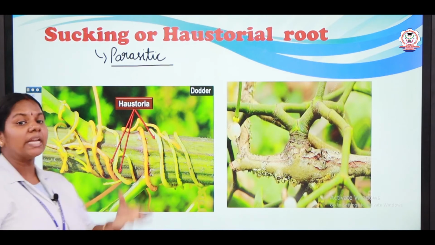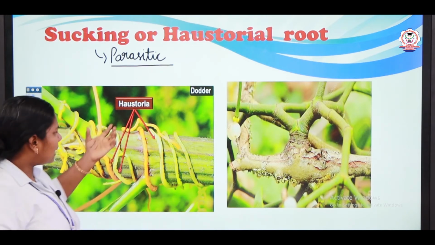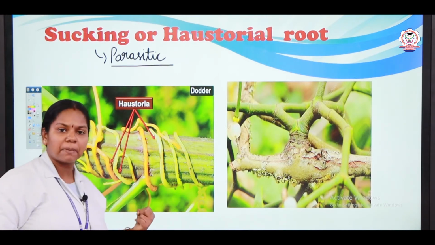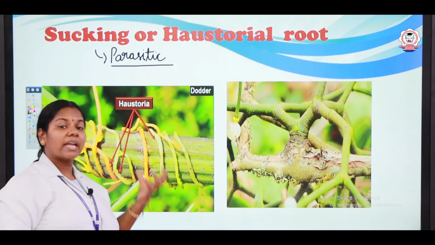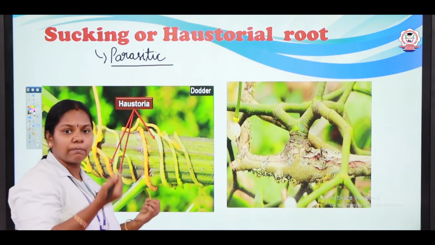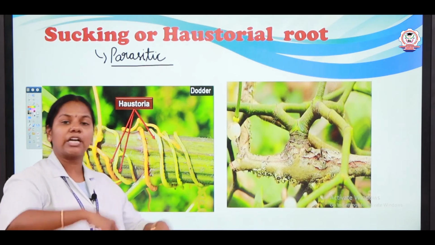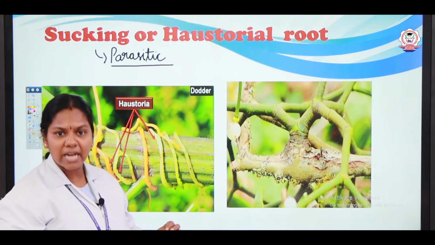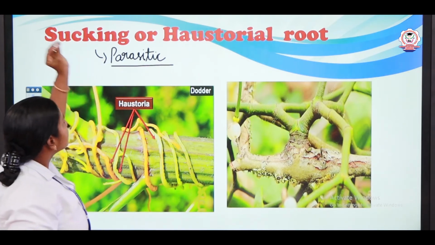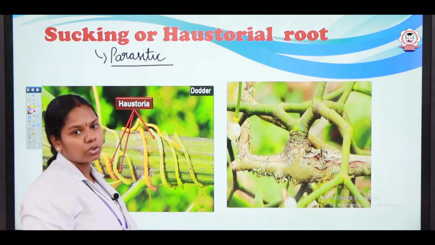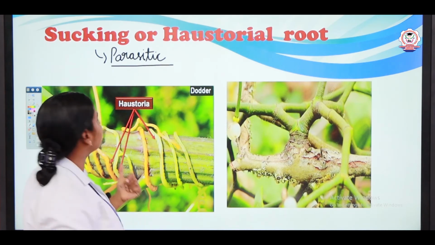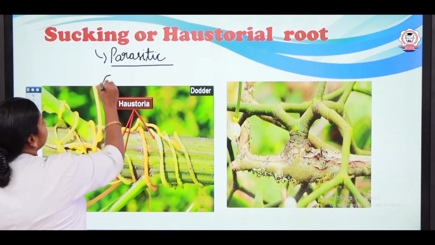They depend on a living plant. So some roots depend on the other plant, and they penetrate into the stem of the host plant and suck the nutrients and continue to grow. Such roots we call sucking or haustorial roots. Such haustorial roots we can see in Cuscuta.